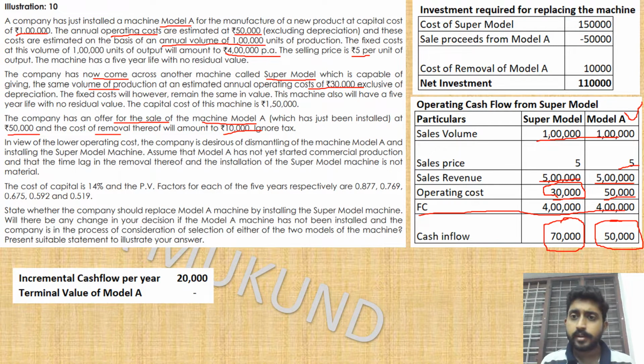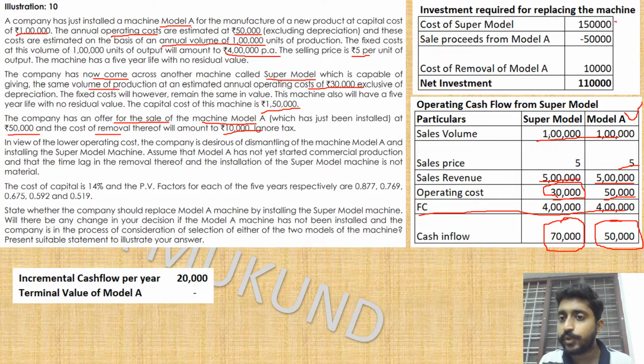So if you take the overall investment, what the company is thinking of doing is, let us replace model A with the super machine. What is the cost of the super machine? It is given in the question, which is 1,50,000.